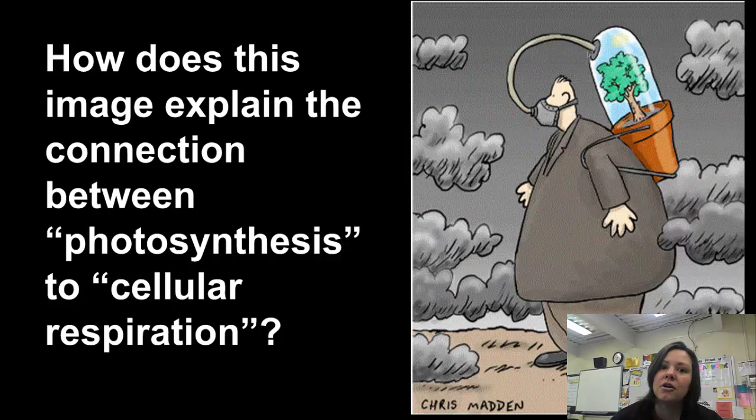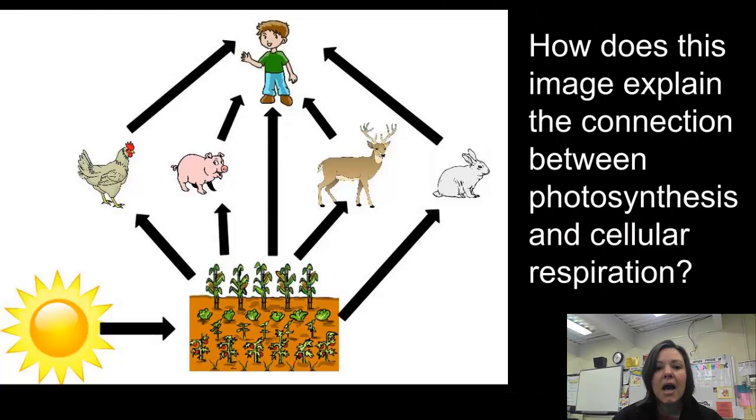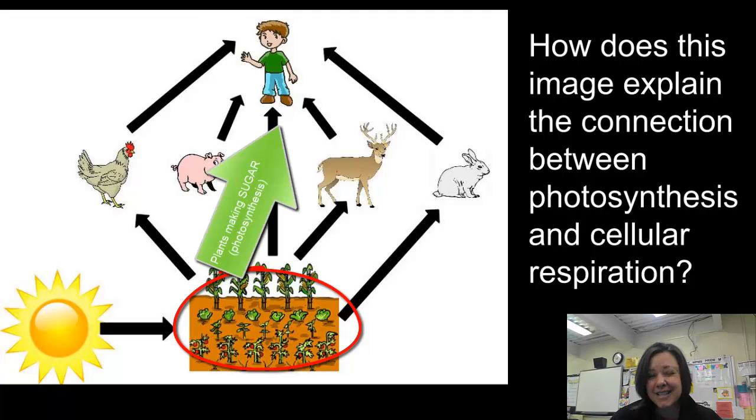So plants are extremely important. Again, making sure that we see that connection between photosynthesis and cellular respiration. This image is trying to help us understand where our energy, or our carbon, glucose, comes from. We get it from the plants, which then really get their energy from the sun. So it's extremely important to see that this is a very interconnected network.